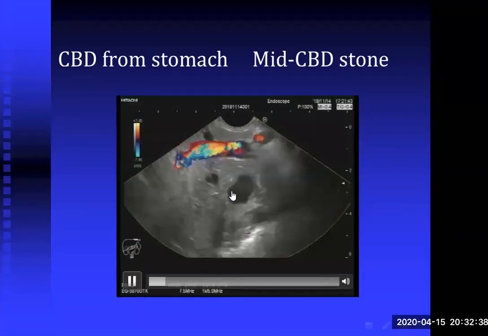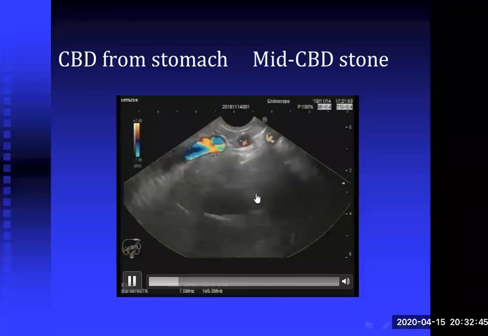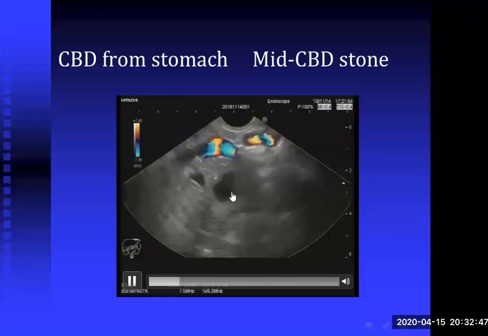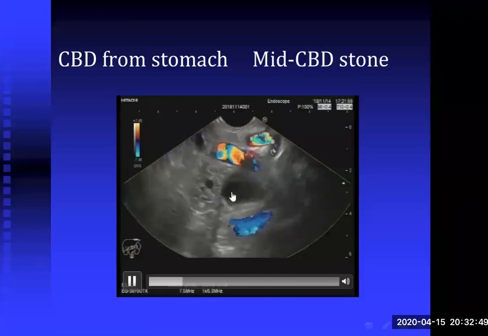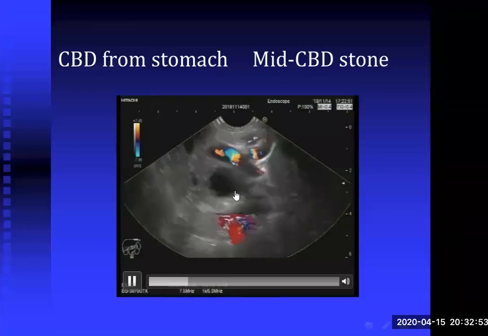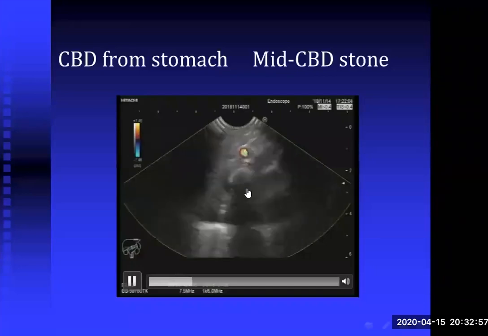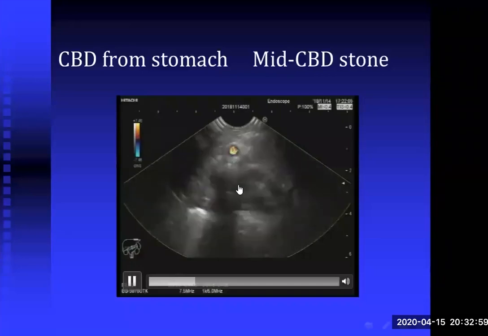What is the cause of dilatation of the common bile duct? We can trace the whole length of the common bile duct in this station in a trial to know the cause of dilatation. Here, it is appearing that there is a structure inside the common bile duct, the mid third of the common bile duct.